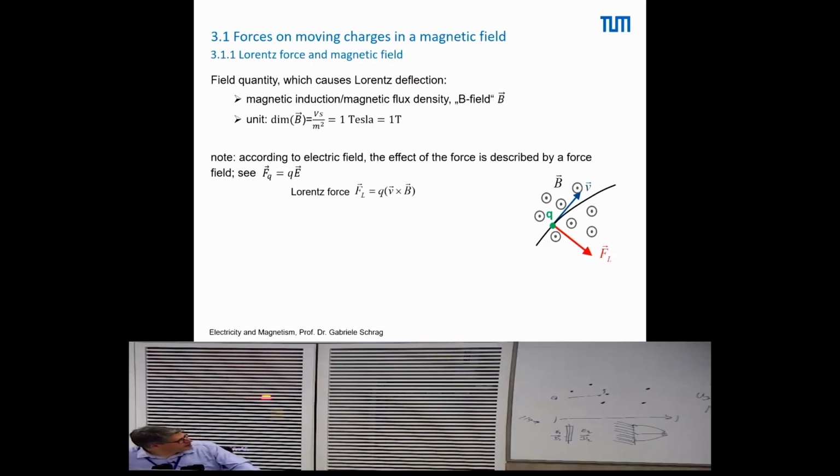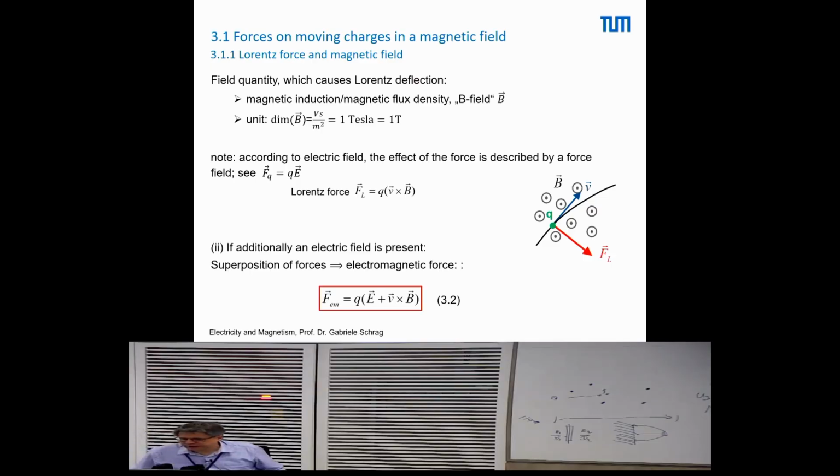So we have basically two quantities already. You see we have the force field. If we have an electric field also provided, then we have what you already know, that is the electrostatic force that is given on the charge, and that is proportional to the electric field.